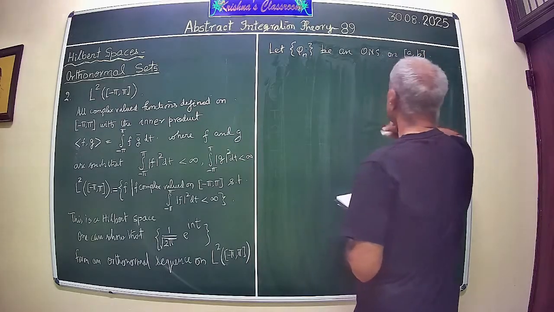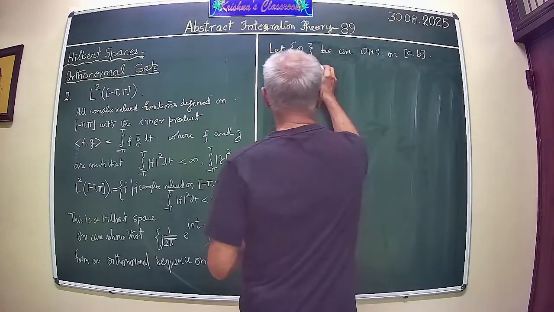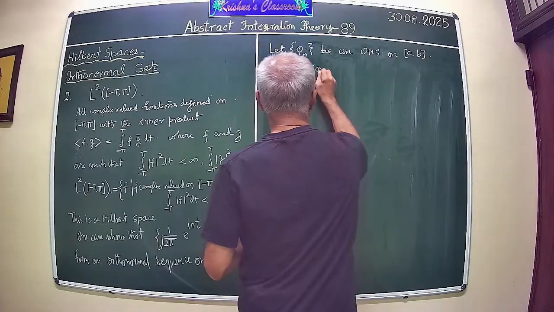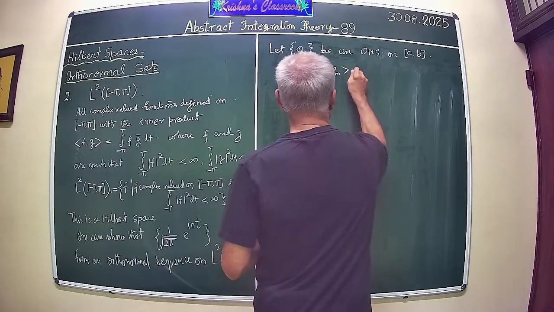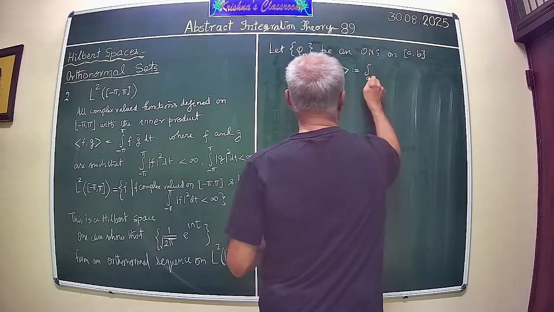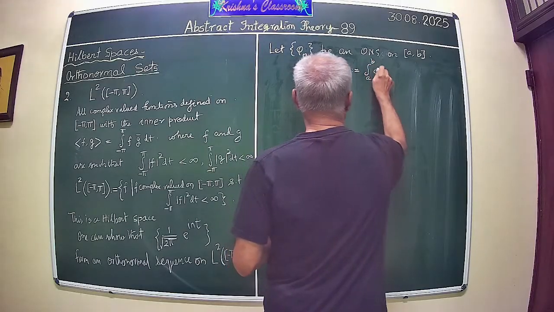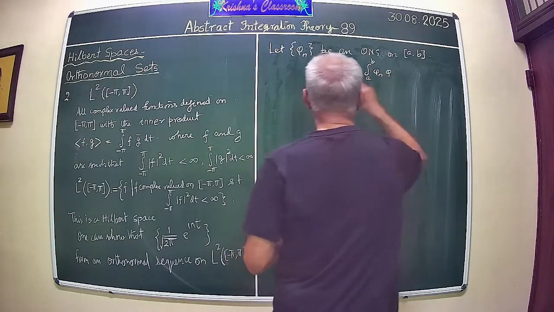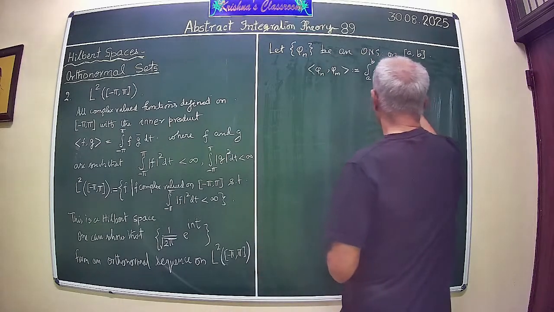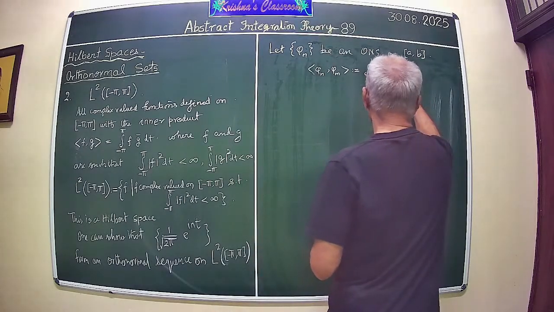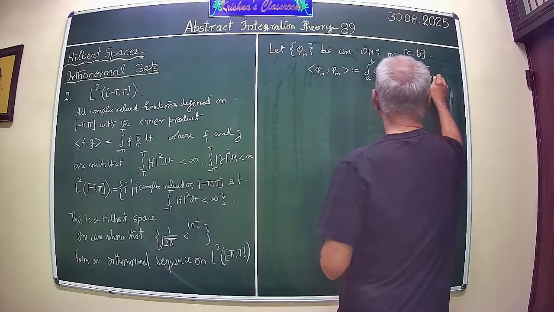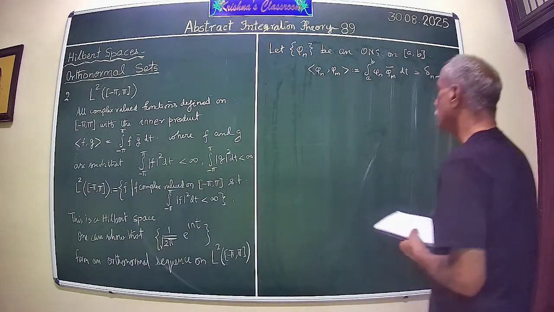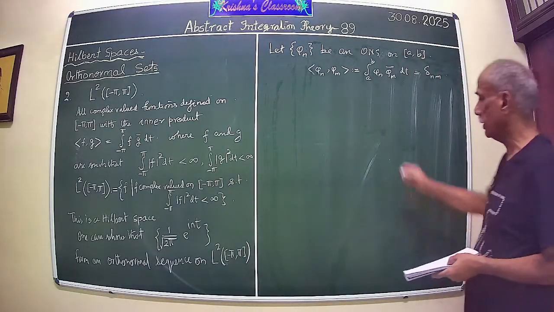What does this mean? It means the inner product of phi n and phi l is delta n l. This is the property that you have.